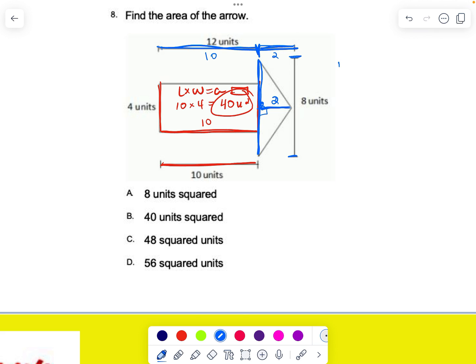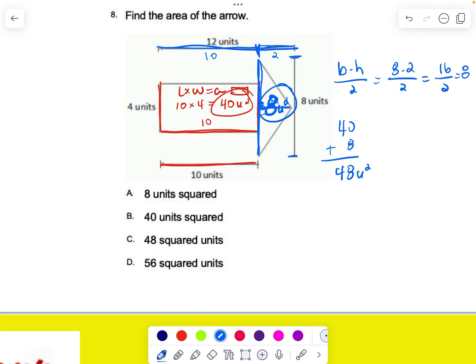So now I can use base times height divided by 2. The base is 8 times the height is 2 divided by 2. So that's 16 divided by 2, and we know that's 8. So this is 8 units squared, and together 40 plus 8 is 48 units squared. So the answer is 48 units squared.